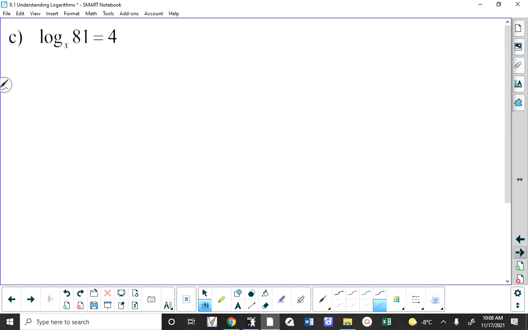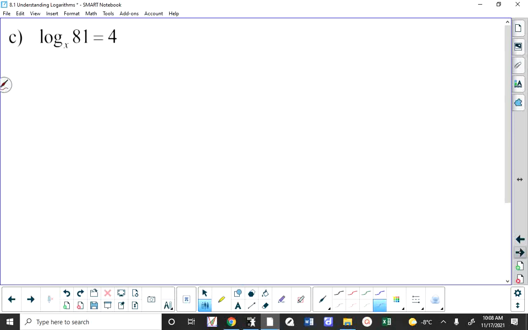Log base x of 81 equals 4. Well, see if you can figure it out. This is not asking you to find the exponent. You know the exponent. Put your hand up and then down if you know the answer. That's everybody, basically. It's 3, isn't it?